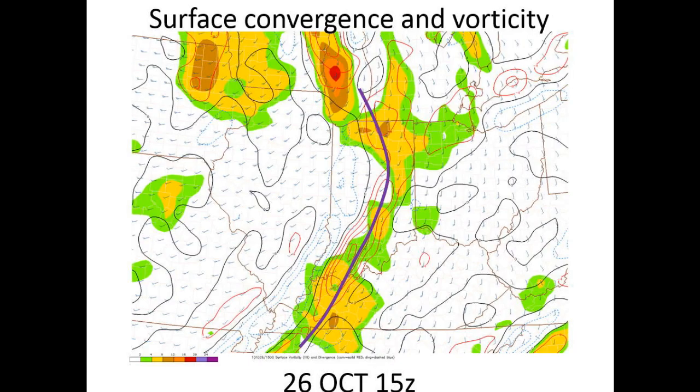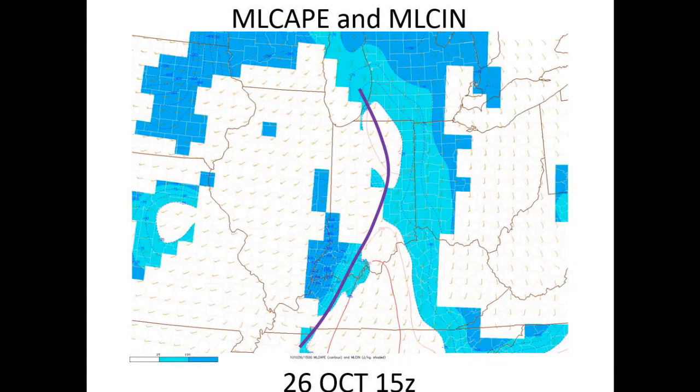Convergence is modest. It's actually weaker than the Oklahoma case I just showed and sort of in between the two previous examples. So initially, you don't have enough information to say whether this should be linear or discrete convection based on what we've looked at so far. Now, this is a big difference compared to the previous cases.